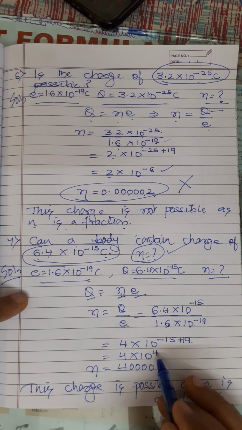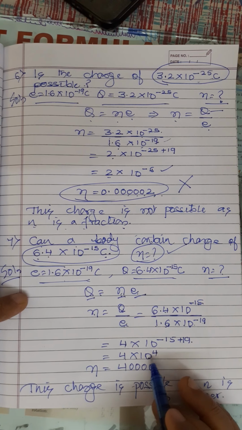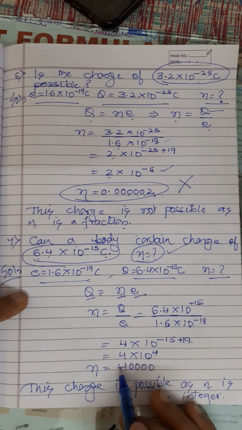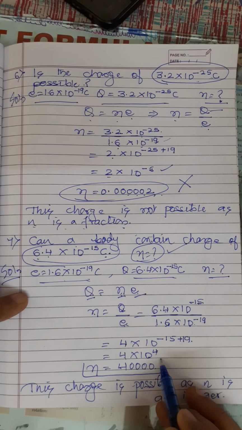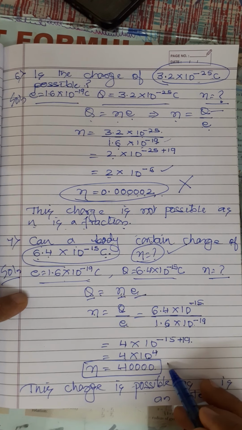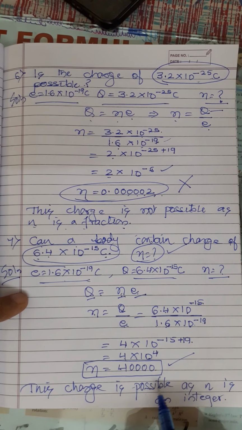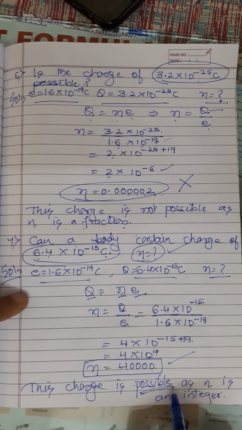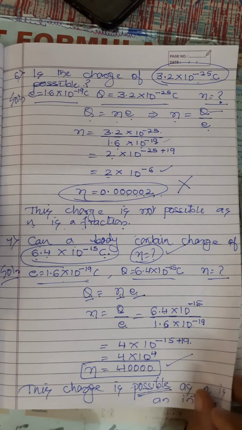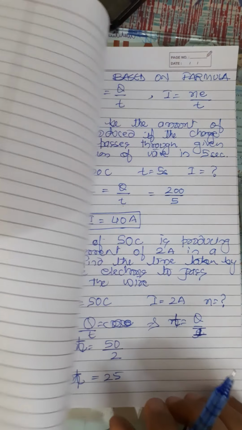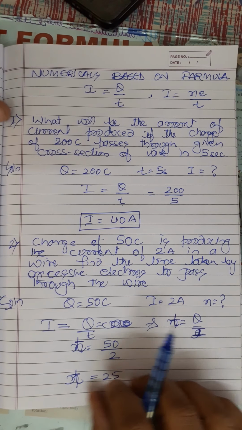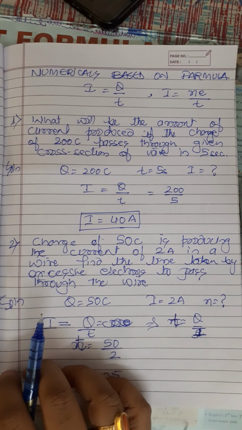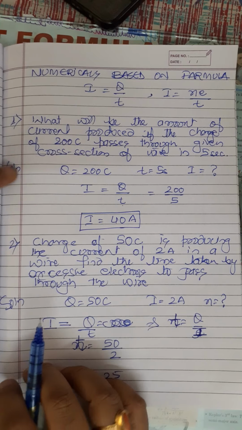I will get 10 to the power 4 over here. 4 into 10 to the power 4 will give you 4 then 4 zeros, that is 40,000, and 40,000 is an integer. Because n is an integer, this charge is possible. So depending upon the value of n, whether it comes out to be an integer or a fraction, we can confirm whether that amount of given charge is possible or not.